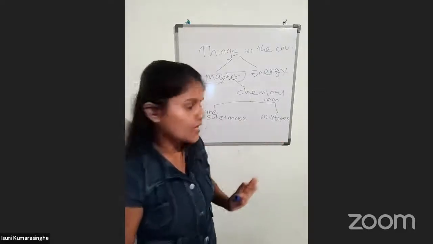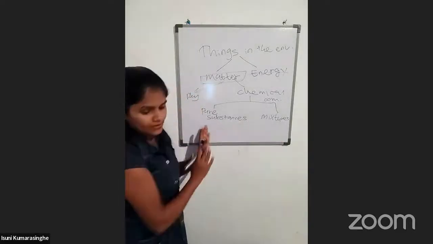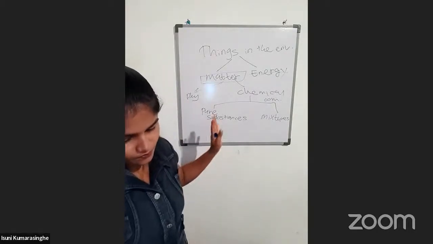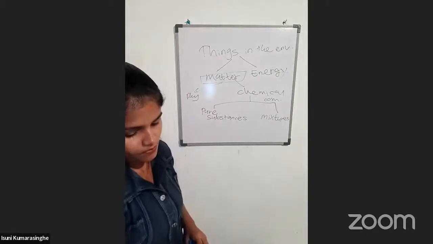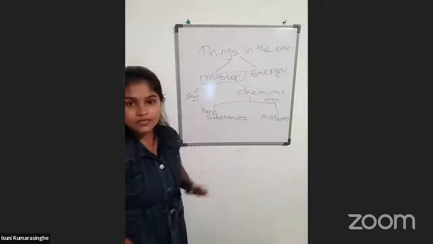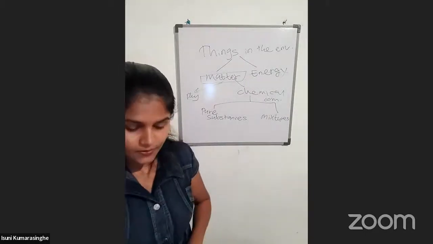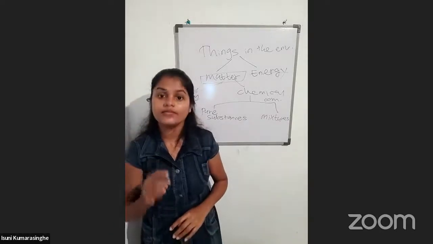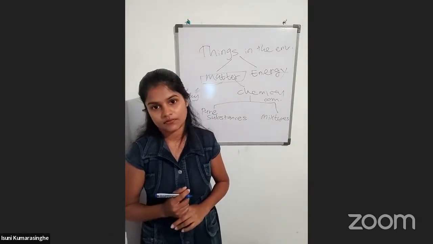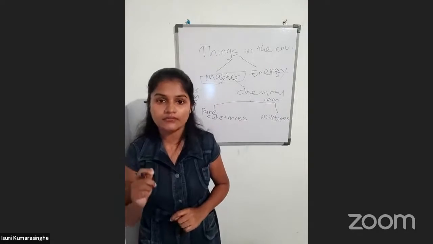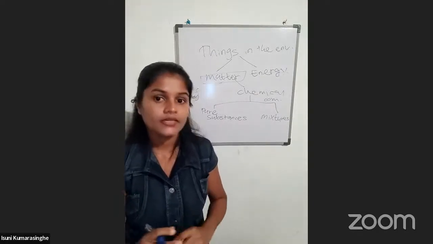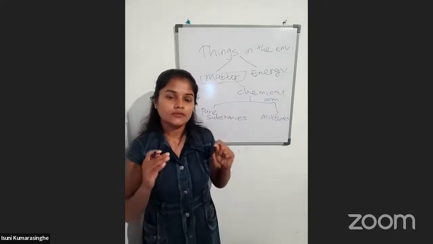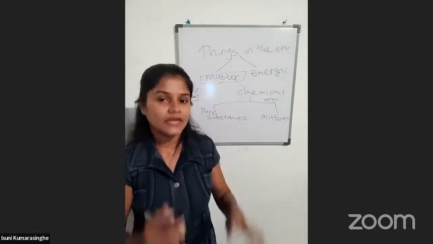Now we will see how mixtures differ from the pure substances. Let's see what the pure substances are. In the pure substances, they have definite composition. We can define their composition. It will not change from time to time or place to place.